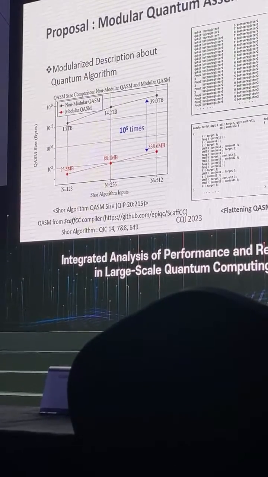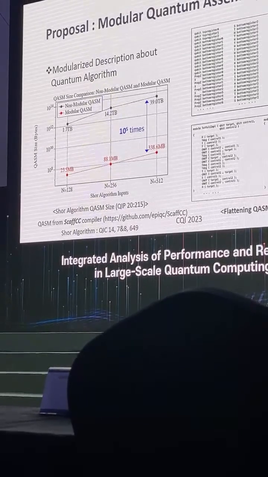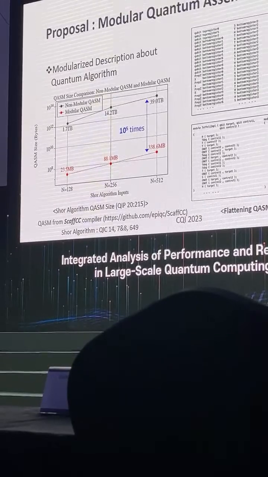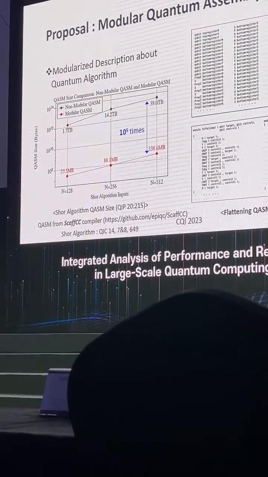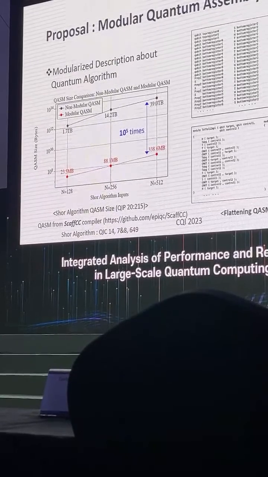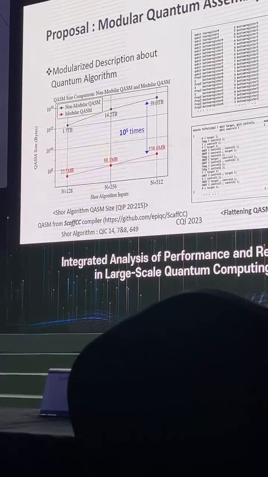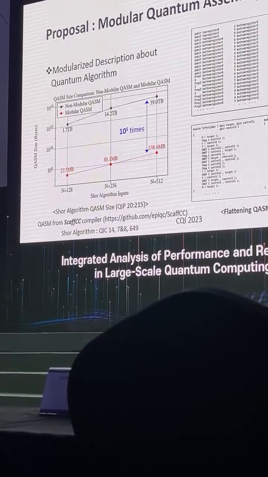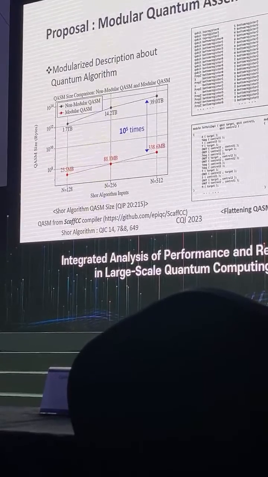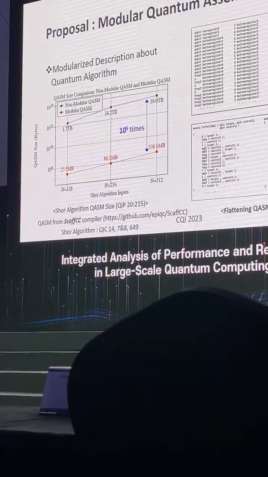Back to the graph I have shown previously. Here, for the same size algorithm, we can obtain very small size quantum assembly code, actually 10 to the 5 times reduced. The upper side is the conventional assembly code, and the lower side is modular code.